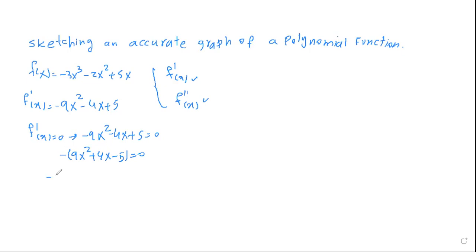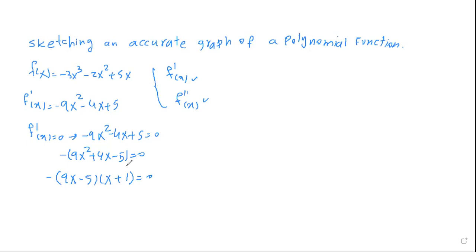Then we factor: 9x minus 5 times x plus 1 equals 0, because 9x minus 5x is 4x, negative 5, 1, yeah, that's right.